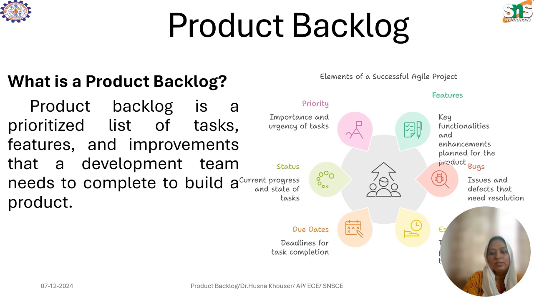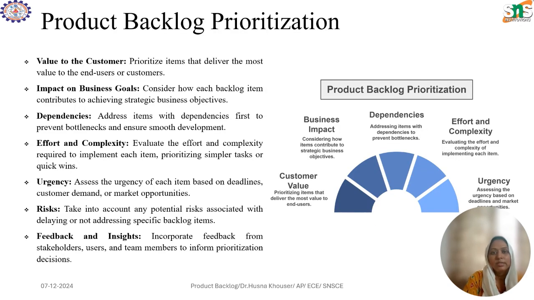So we will see what the key parameters are. For the product backlog, we have to prioritize it. Prioritization helps us focus on what is truly important and why that is vital. Now let's break it down.